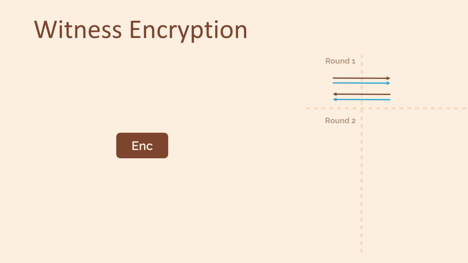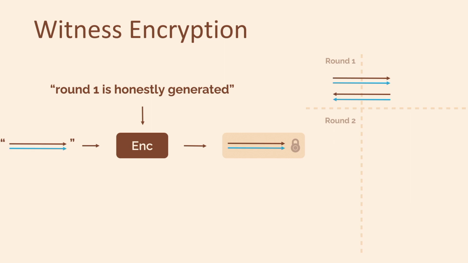This sounds like a perfect job for witness encryption. If you're not familiar with witness encryption, it's an encryption scheme that allows you to encrypt arbitrary messages. In our case, we're going to encrypt round 2. Instead of having a public key, the encryption is given with respect to a statement in NP. The idea is that if you have a witness for the statement, you can decrypt.